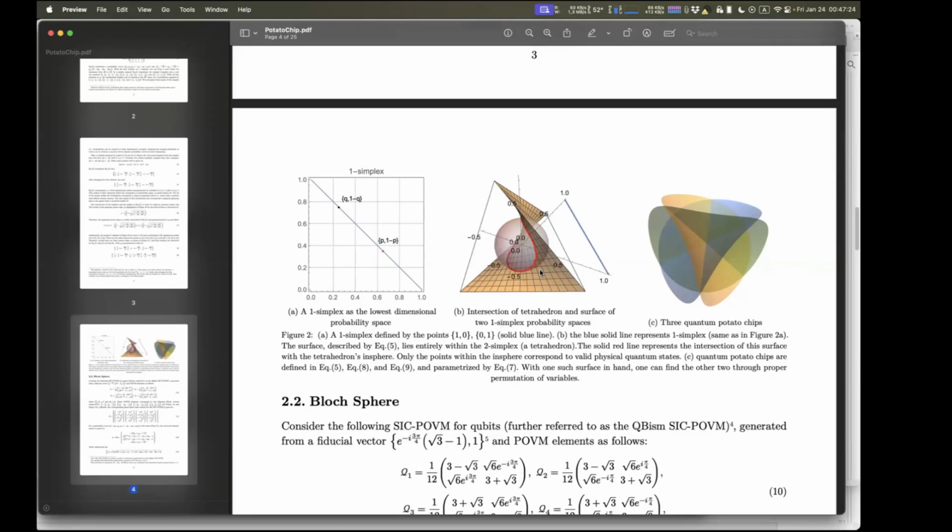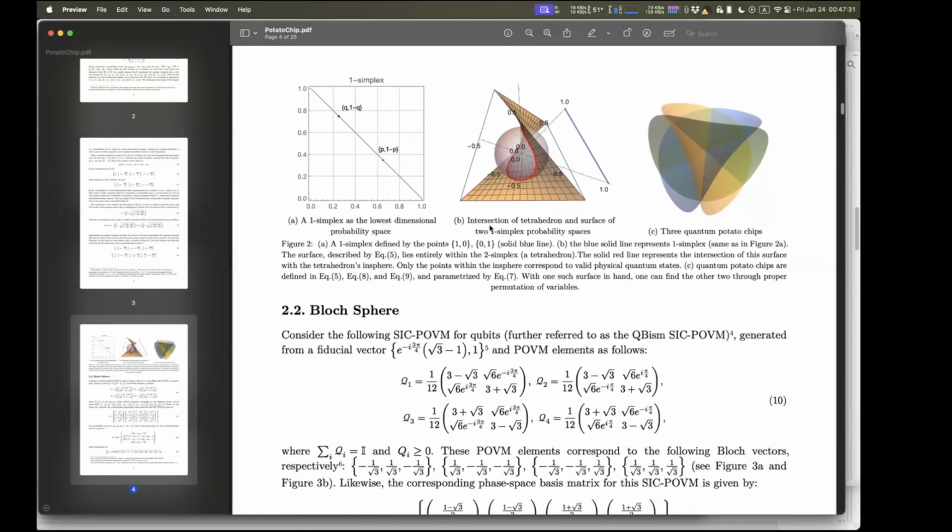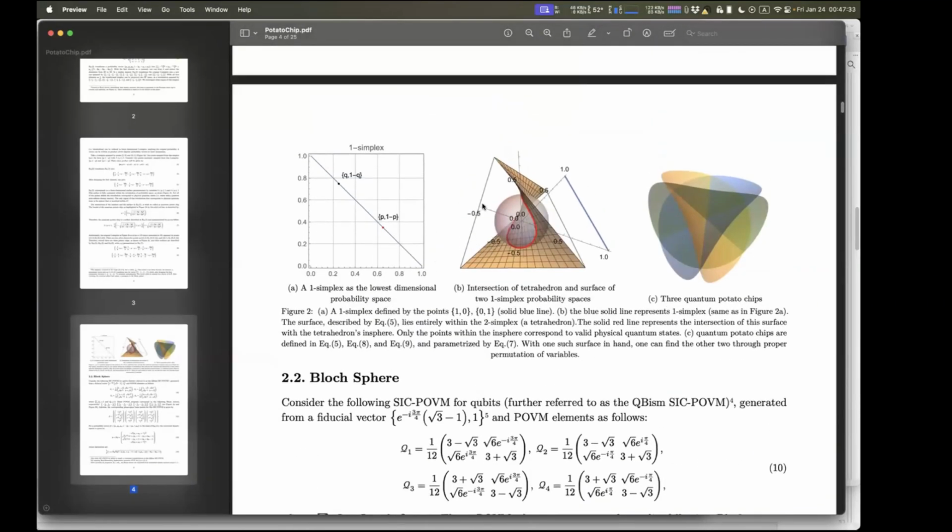you can basically assign some probability coordinates to each quantum state. You can also think of it as, because it's a phase space, right? Phase space is a pair of dual variables. Like in quantum mechanics, you have coordinate and momentum.